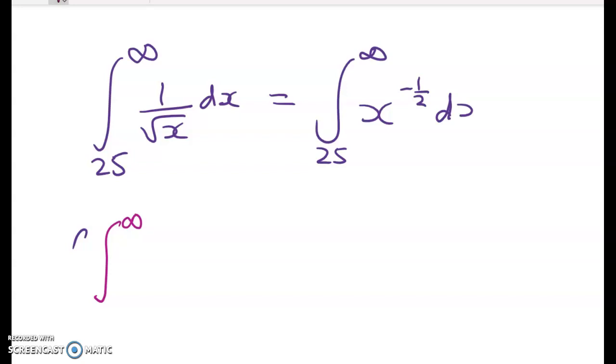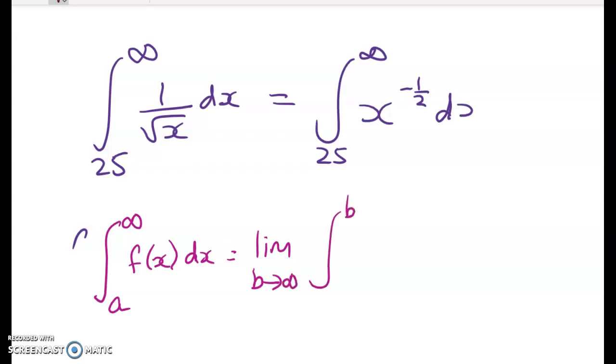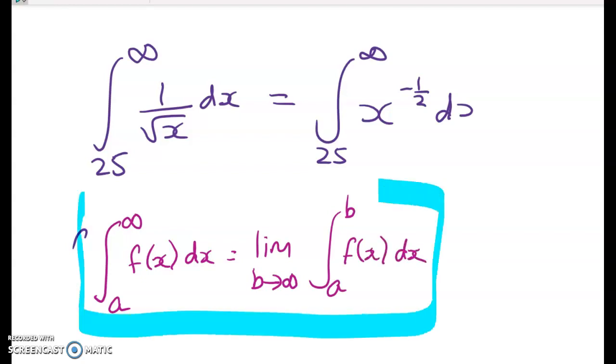So we'll define the integral between infinity and a of f of x dx as the limit of my top limit of integration, b, getting bigger and bigger. So we've said that this is what an integral going on to infinity is.